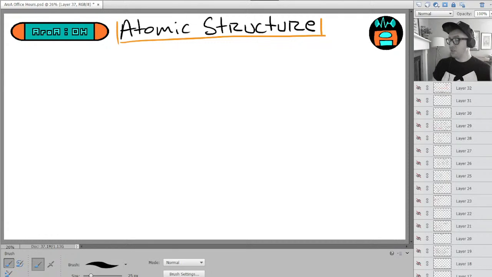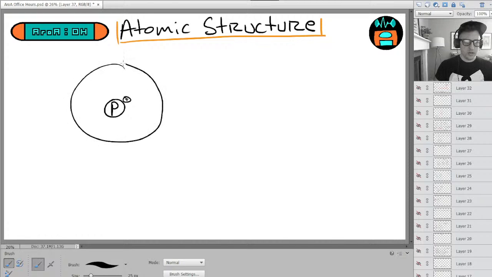Now, when I say the word atom, probably the first thing that comes to mind is the International Atomic Energy Agency logo, the one with the ball in the middle with the 3 loops around it. Probably when I say the word atom, you picture a proton in the middle and then an electron orbiting, kind of like a planet orbits the sun.